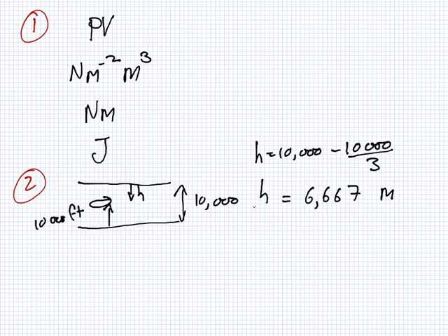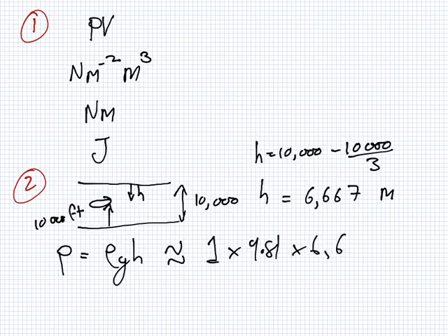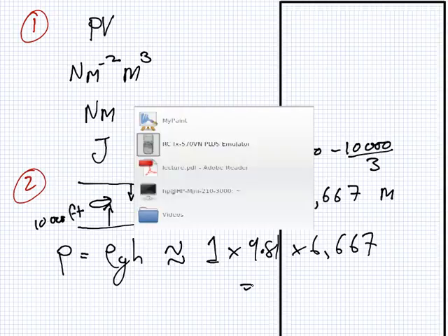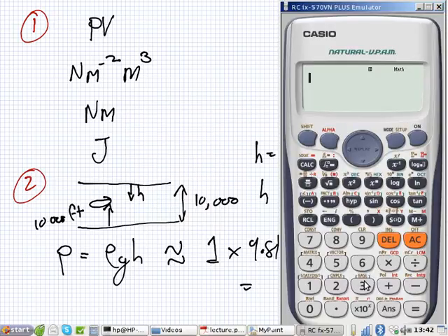So the pressure, the formula is rho g h. That's roughly 1 times 9.81 times 6667. So if I go to my calculator, 9.81 times 6667, and I'll make it kilo. 65.4 kilopascals.